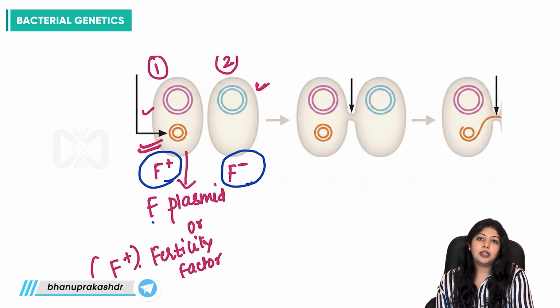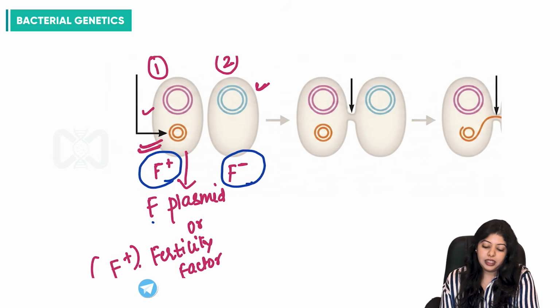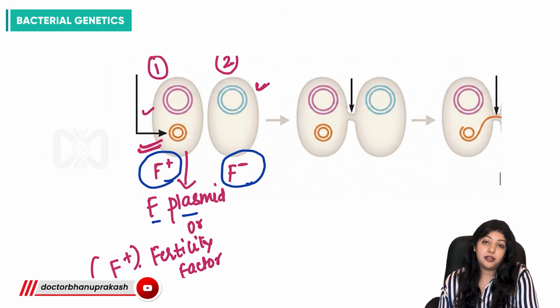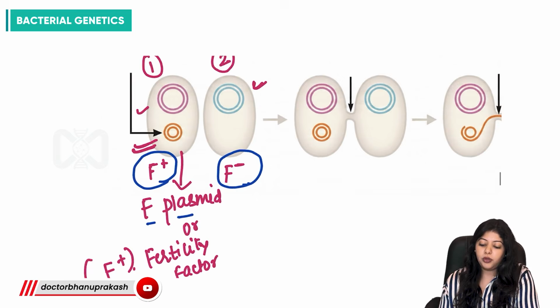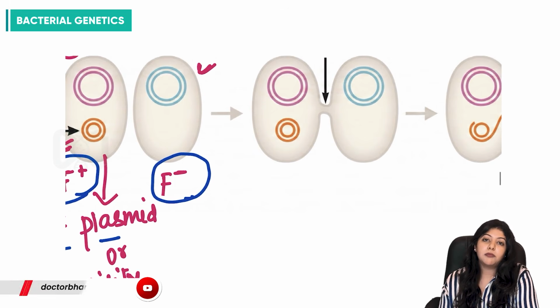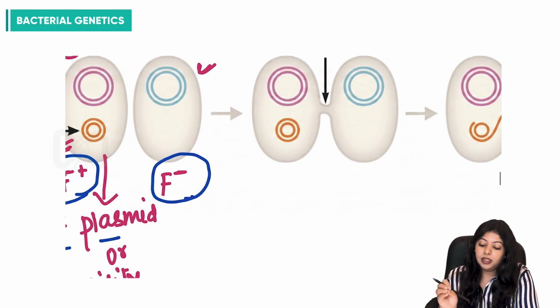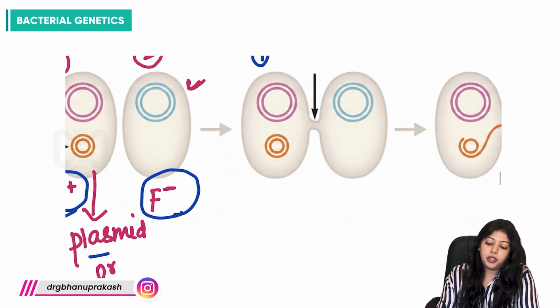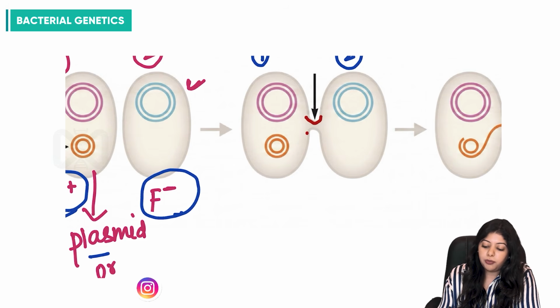So what happens now, because we say that this F plus plasmid encodes for a gene which is responsible for formation of TEFG or the conjugation tube. What happens next? This particular plasmid is going to help these two bacteria come very close to each other. So when bacteria number 1 and 2 become very close to each other, it leads to formation of this particular tube.